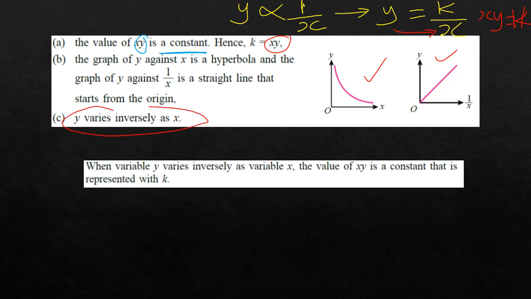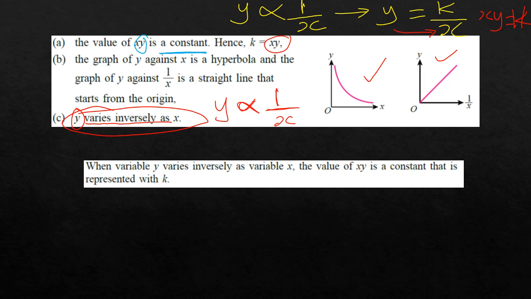So the term used is like this: y varies inversely. When it is said that y varies inversely as x, that means 1 over x, and you write your x here.